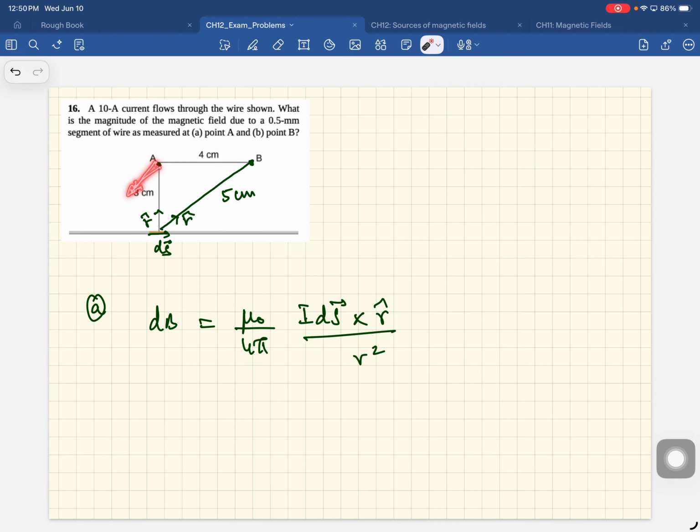So ds cross r hat, magnitude is ds sine theta, equal to ds times 3/5. So the expression is dB is mu naught over 4 pi, I ds times r hat over r squared.